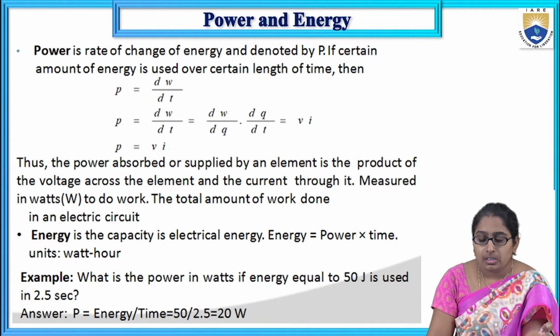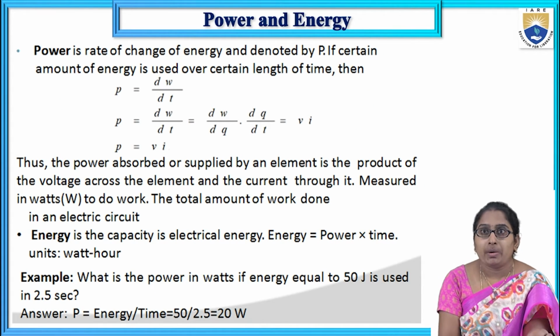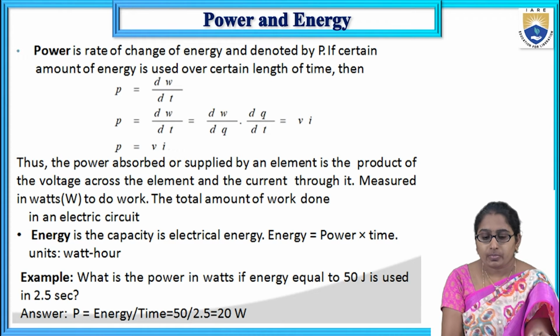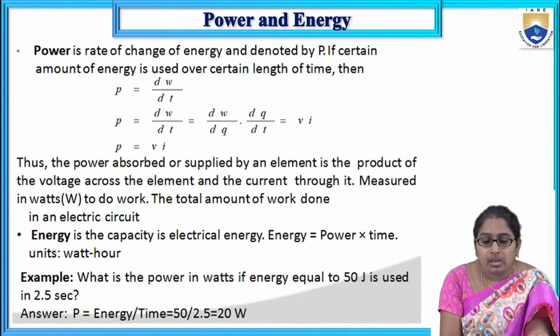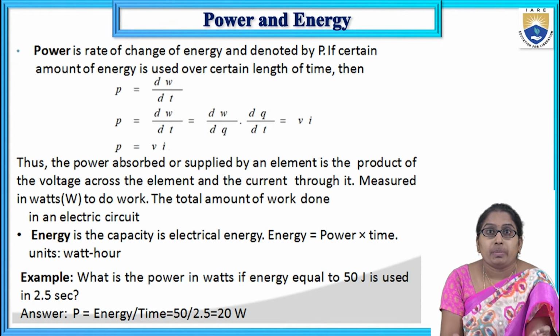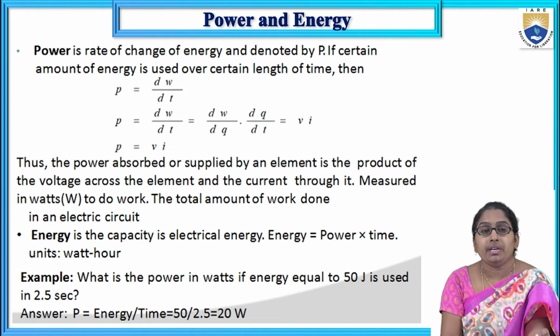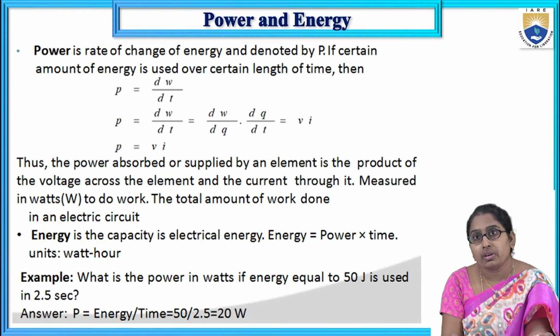Now next definition: power and energy. What is meant by power? Power is defined as rate of change of energy or rate of change of work. Energy means work.